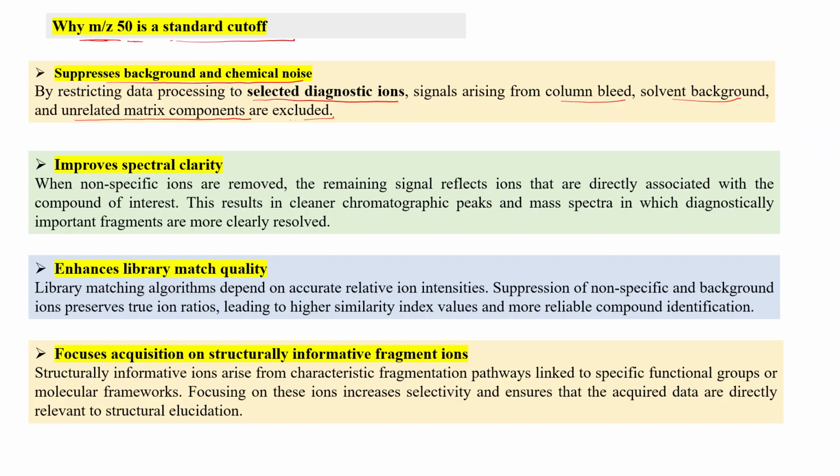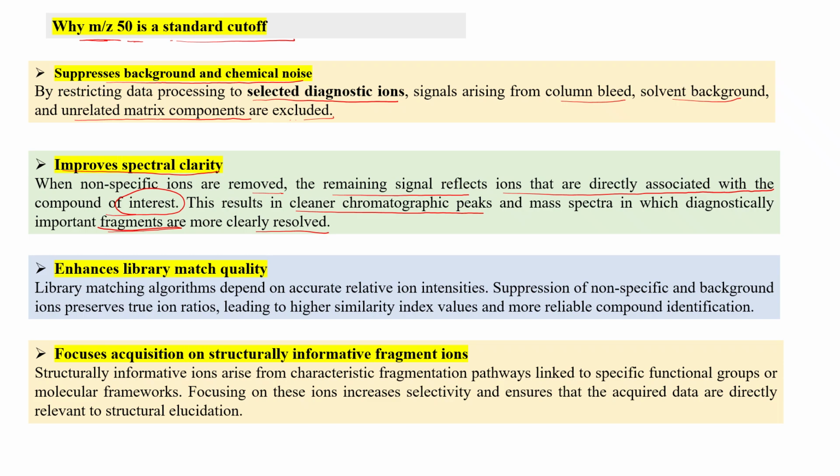It improves spectral clarity. When non-specific ions are removed, the remaining signal reflects ions that are directly associated with the compound of interest, and this results in a cleaner chromatographic peak and mass spectra in which diagnostically important fragments are more clearly resolved.